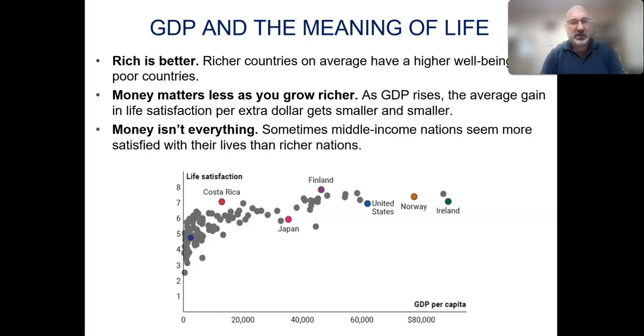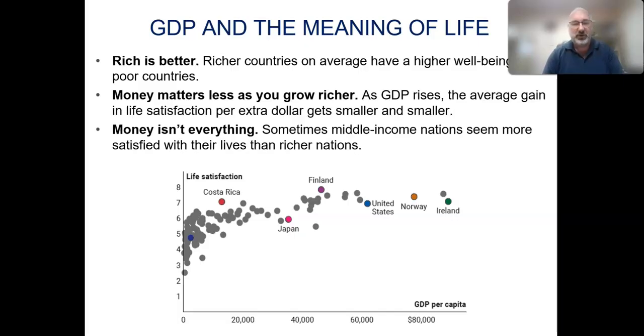For the meaning of life, rich is better. You see here, GDP per capita across the bottom, life satisfaction scale on the vertical. So higher on that scale, and then across the way. So high GDP things.